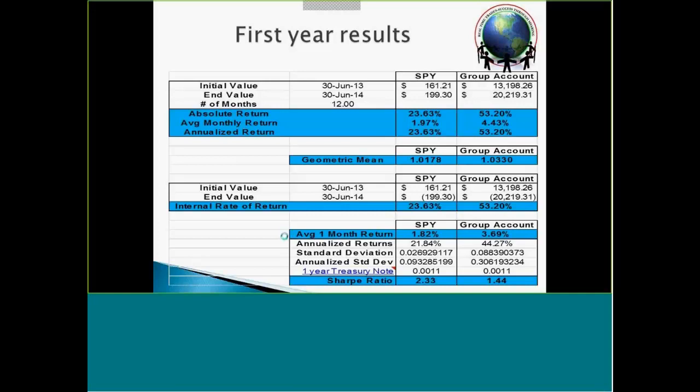As I went through this analysis and paper trading and then eventually real money trading, I found that on average, the account will move almost three times the size of the movement of the underlying. I only looked at that with SPY. I assume that it would be the same for other tickers. But that means that if the SPY were to go up 1%, then I would expect my account to move up almost 3%.